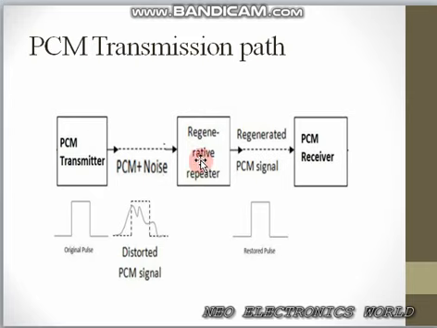For this, we are using a regenerative repeater between the transmitter and the receiver. Regenerative repeaters have the ability to reshape or improve the distorted PCM signal, and they will restore the pulse.